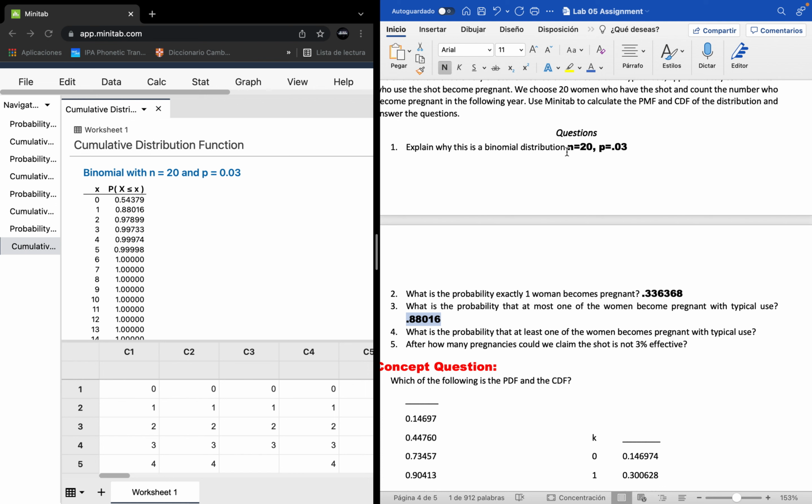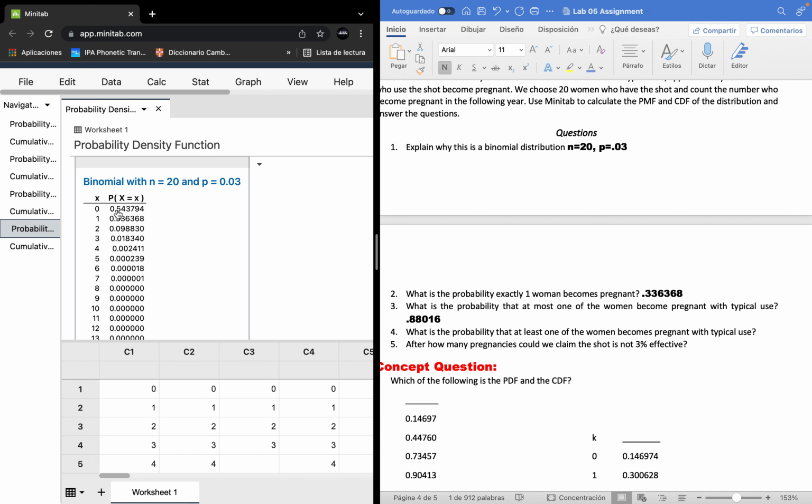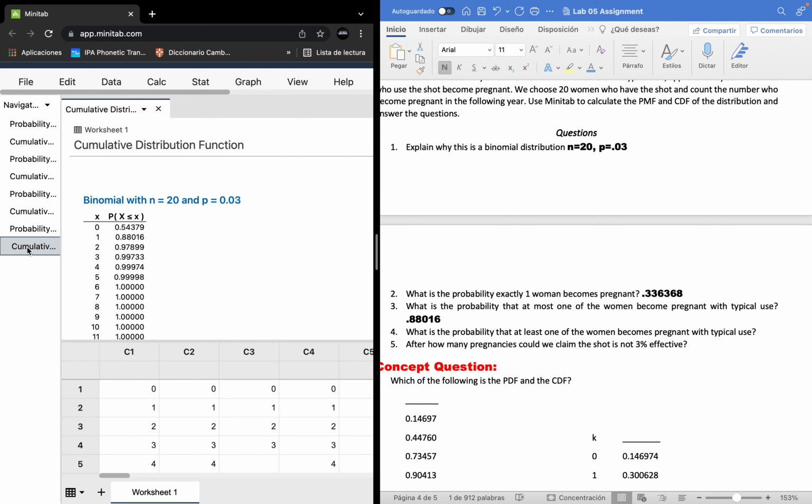So we have 20. So you will have to add all the probabilities from 1 up to 20. But I'm going to give you one hint to compute this in a simpler way. Only subtract from 1 the probability of 0, because that's going to be the complement.